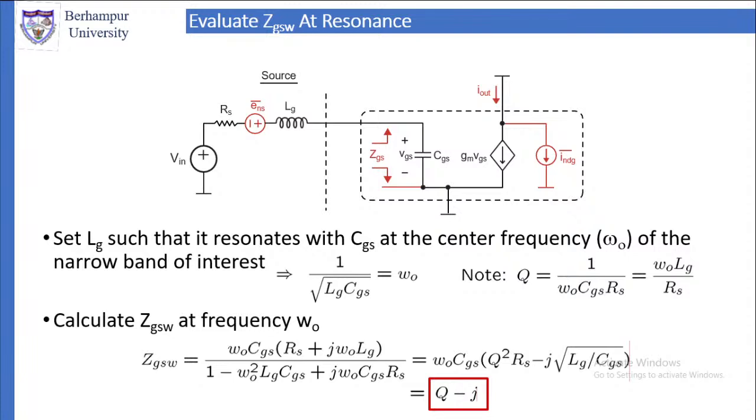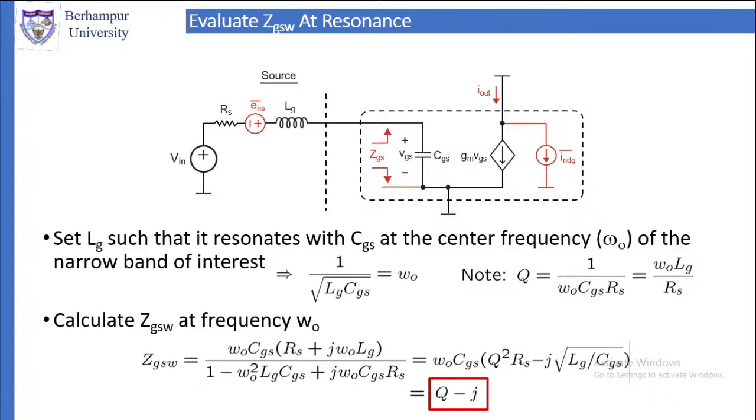Just plug in the value of Q and multiply omega 0 CGS everywhere. So the first term will be Q square times omega 0 times CGS times RS. Now omega 0 CGS times RS is 1 by Q. So Q square by Q, that will be Q. The second term is omega 0 times CGS times root of LG by CGS.